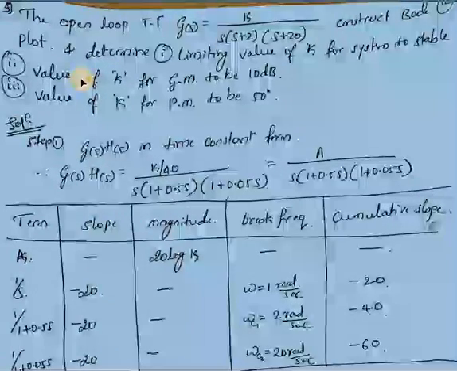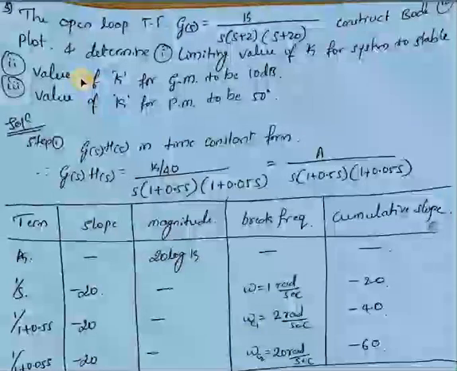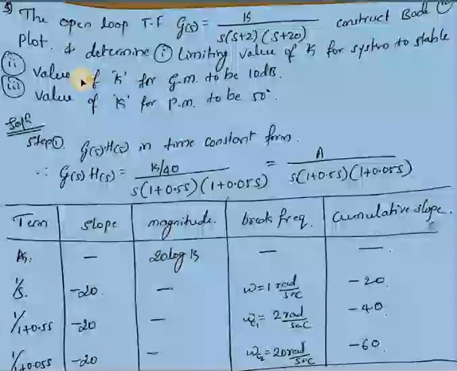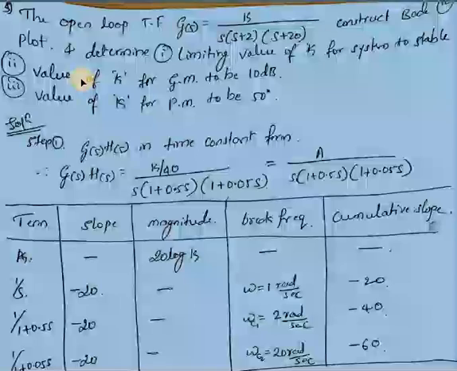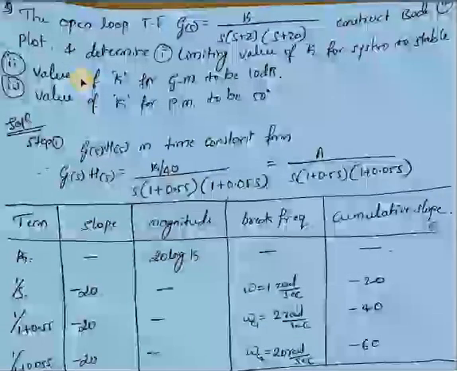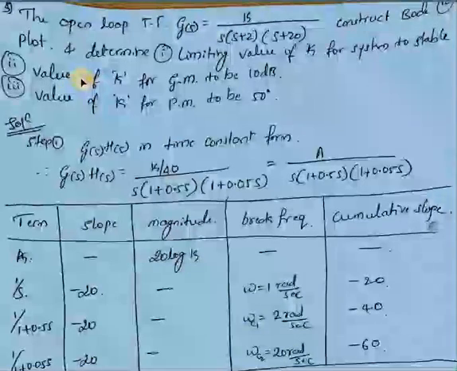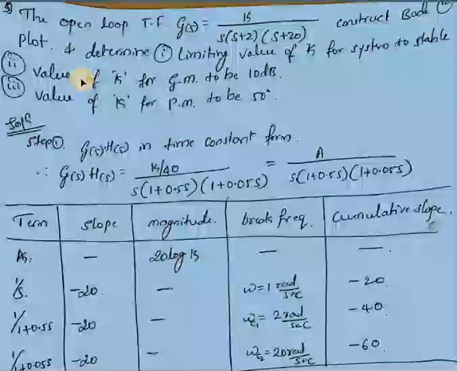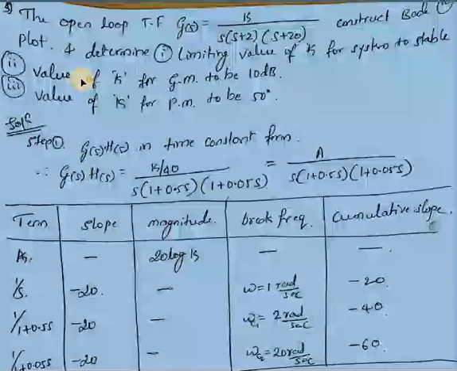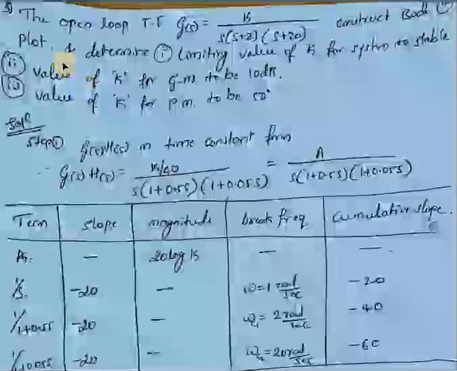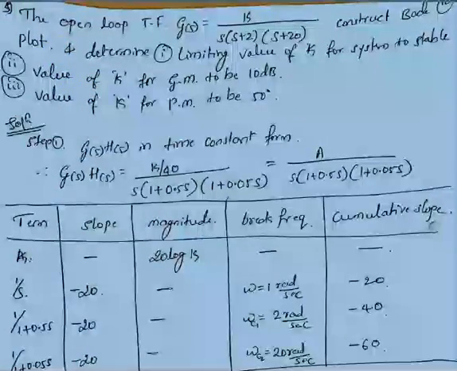So here also the K is unknown. For the three different types of condition, what will be the value of K? That is the question which has been asked. So the first step is you need to convert the given transfer function into time constant form.